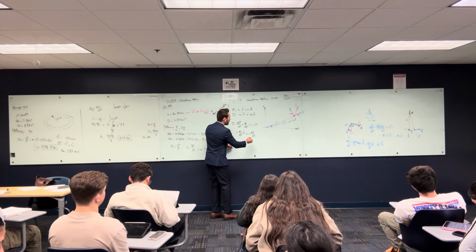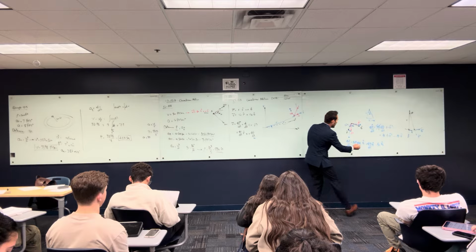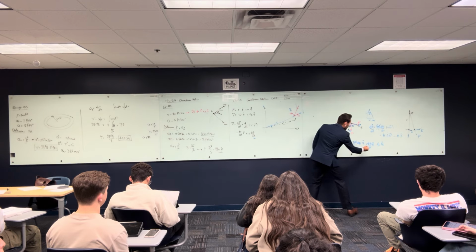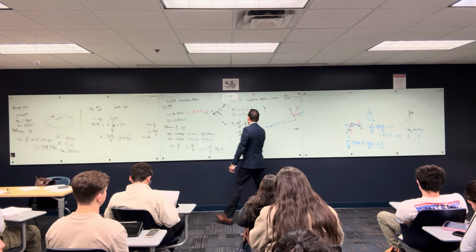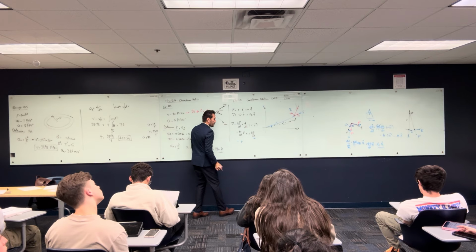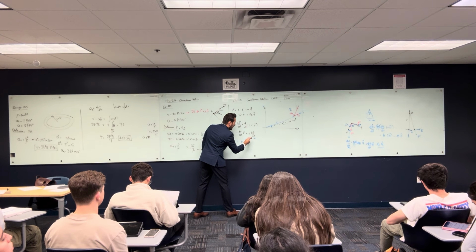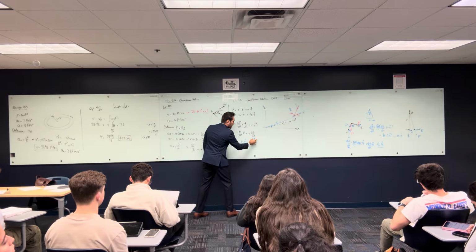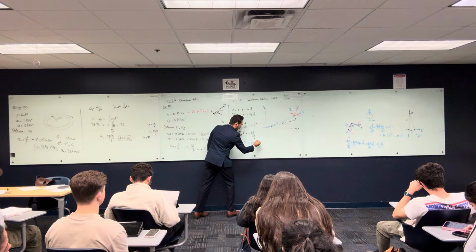So all I want from that is the value of dr hat dt, which I just got here. dr hat dt is equal to theta dot in the direction of theta hat. So dr dt is r dot, and it's in the direction of r hat. And here I have r already, and dr hat dt is theta dot, all in the theta hat direction.